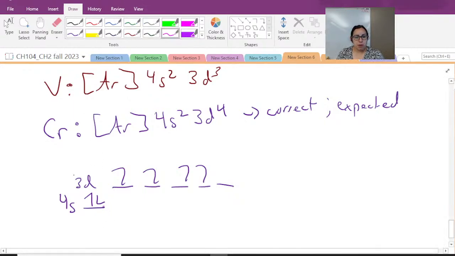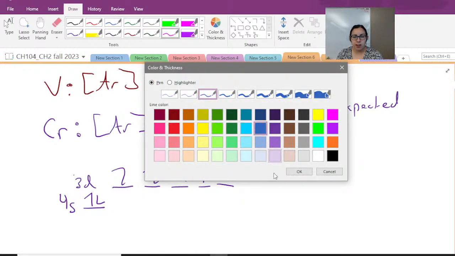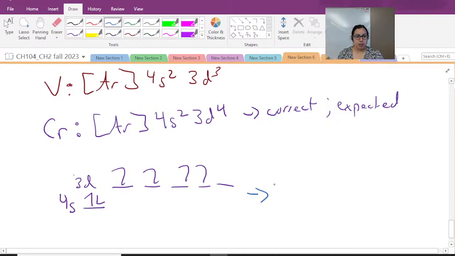But if you remember, we have to pay a price for electron pairing. And so it must just be more energetically favorable to move them around. This energy gap is so small that it is more favorable just to throw an electron into the d instead of having to pair those two electrons. And so this is our actual.